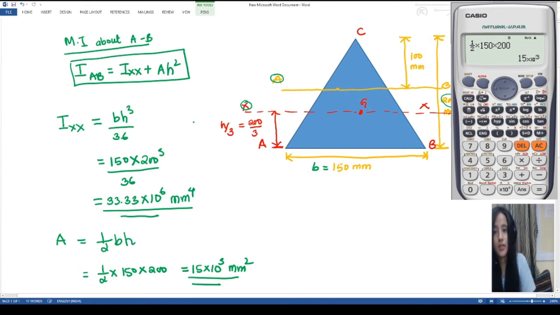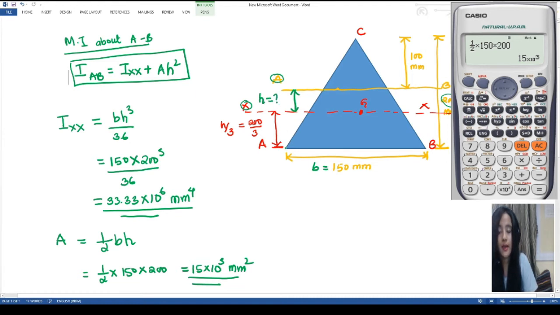Now, what will be the distance h for these two parallel lines running parallel to each other? The distance will be this distance h. Now how much will h be?